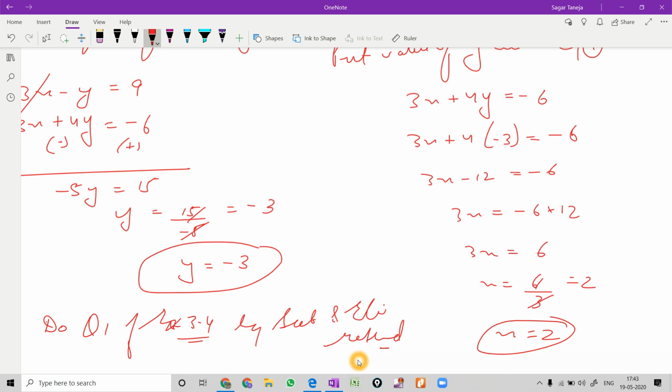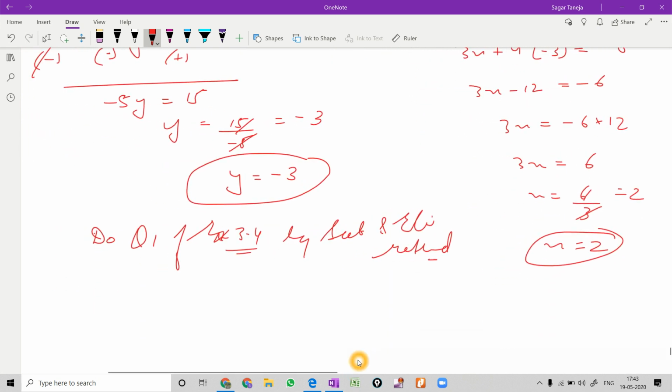You can practice this and you can practice RS as well. So this is it for today. Many questions are given in RS. Please go for RS and solve the extra questions from there. Okay, fine. Over.